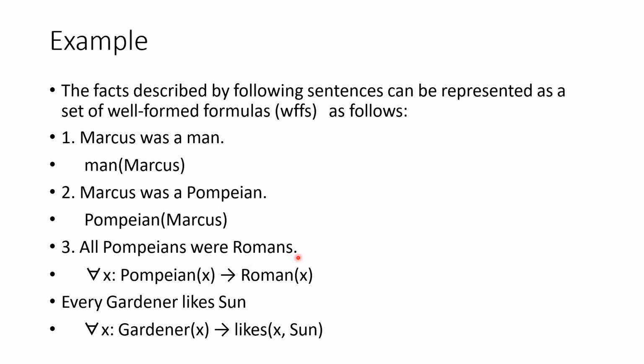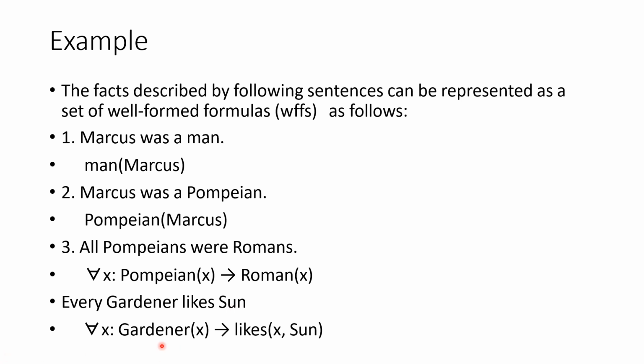Next is all Pompeians were Romans. Here we represent it using the universal quantifier. You can see this is the symbol for the universal quantifier, ∀x. If any person is a Pompeian, then that person is a Roman. This kind of general rule cannot be expressed in propositional logic, but we can express it in first order predicate logic. The next line, every gardener likes sun. For every means all.